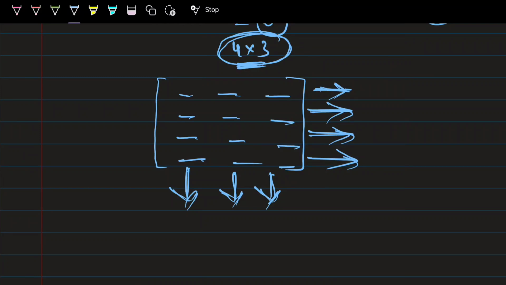So whenever we are given the order of the matrix, the number of columns in the matrix will tell me how many elements can be written in the row, and the number of rows in the matrix will tell me how many elements can be written inside the column, in each column. So based on this concept, you might get a question for 1 mark.